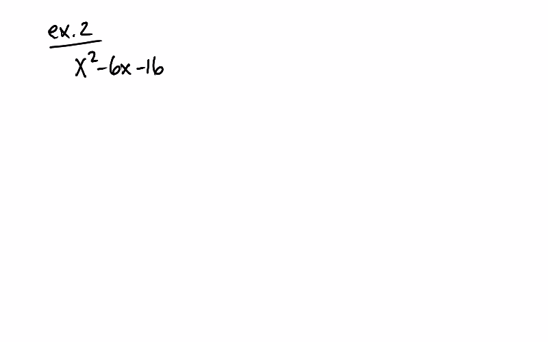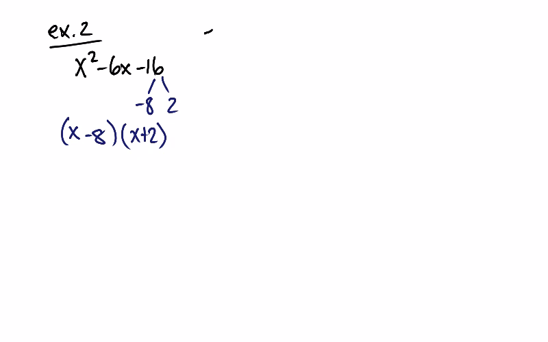So one of them is going to have to be negative. Two numbers that multiply to negative 16, you could have all kinds, but the best one would be negative 8 and positive 2, because that'll multiply to negative 16 and add to negative 6. So you would write it as x minus 8 and x plus 2.